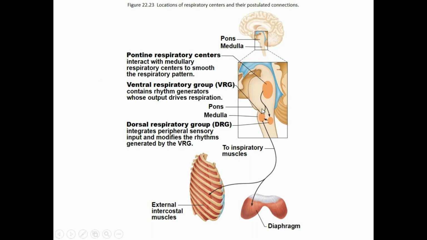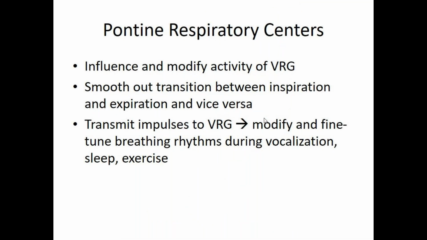By that same token, if you look at the arrows here from the pontine group, which is the next of our respiratory centers, it's going out and communicating with both the VRG and DRG. Again, much like the DRG, it's just modulating or slightly adjusting the activity of that VRG.